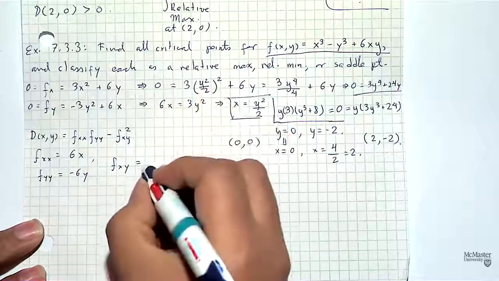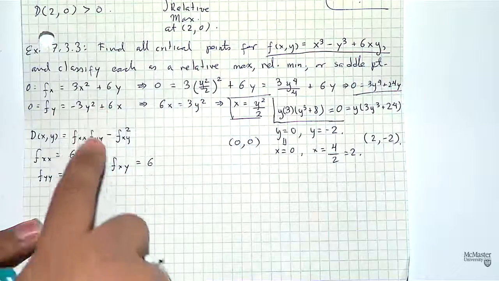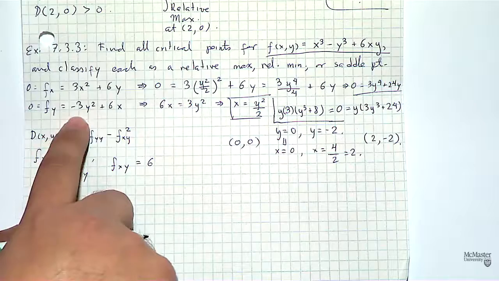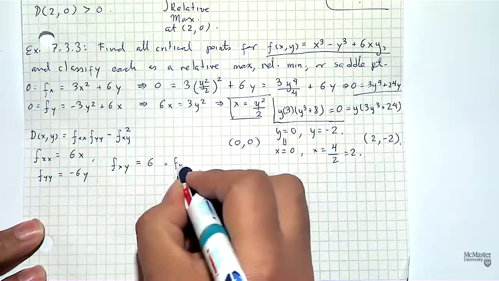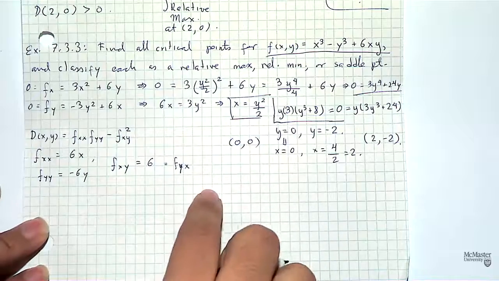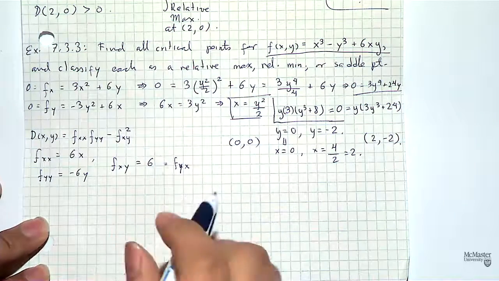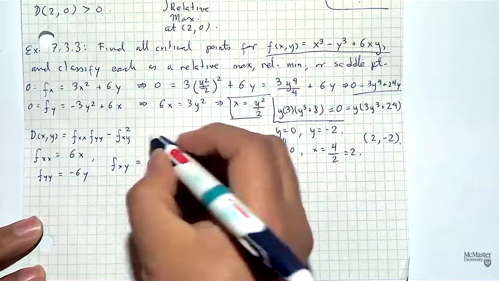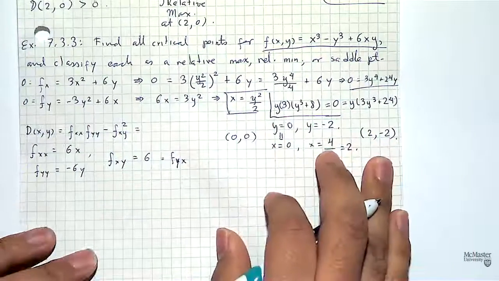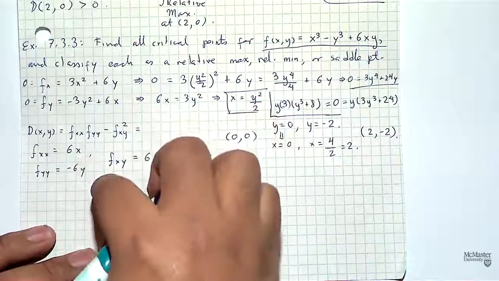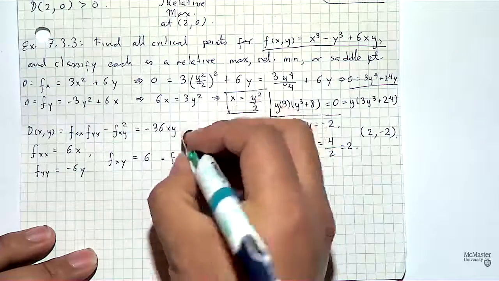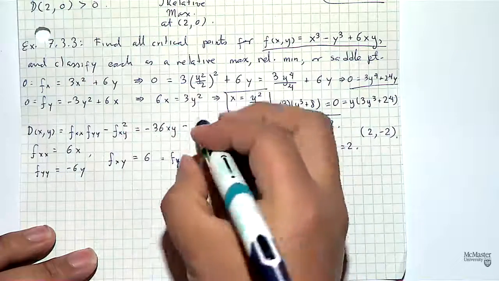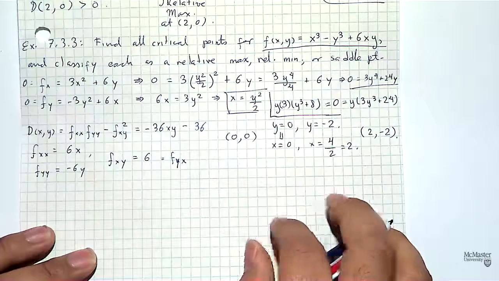The only term that would survive is 6, which happens the same for fy, partial with respect to x. This doesn't count, you have the 6, right? So further confirmation that in simple cases the mixed partials coincide. You can do the plug-in at this point. So this would be, do the multiplication, you have minus 36xy, and then minus, and then you have 36, okay?